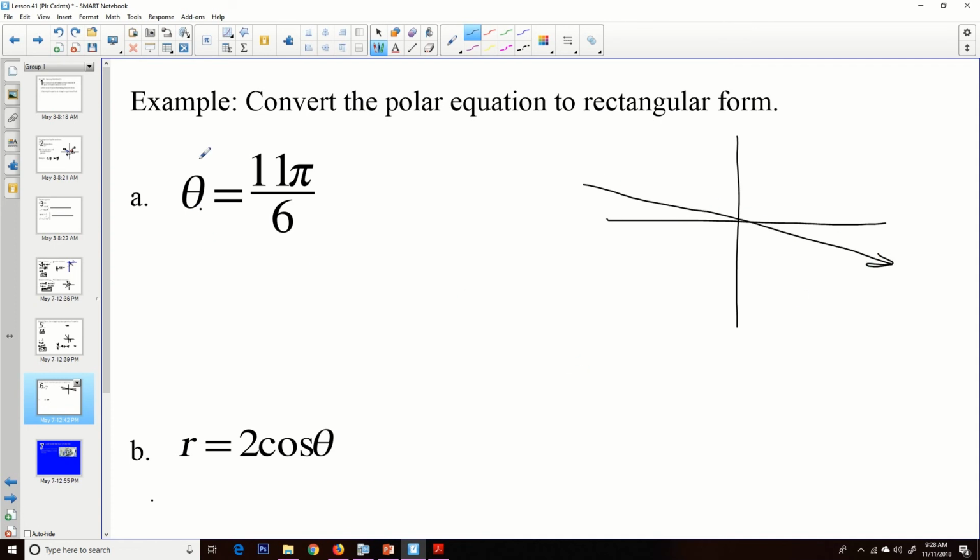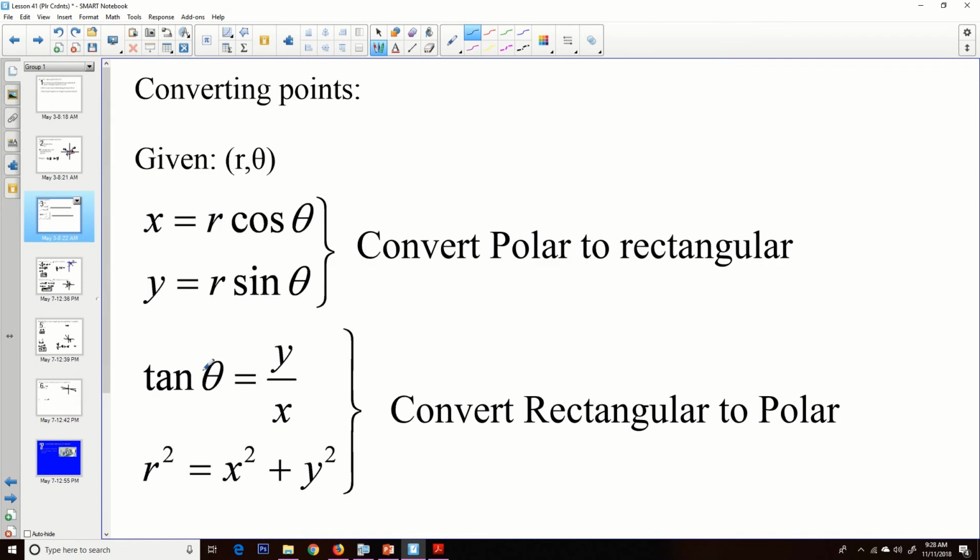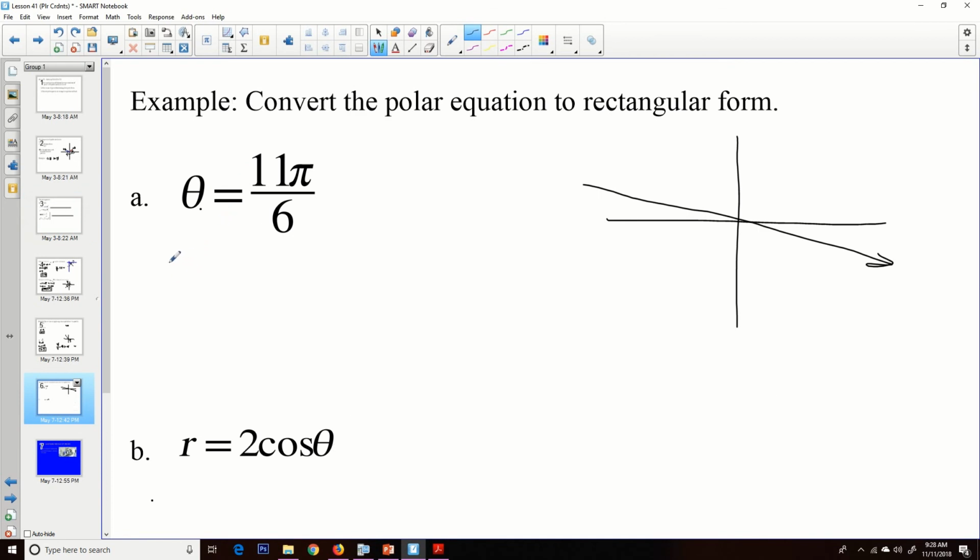And so if that's our theta, we can use that tangent function again, because if I'm given just theta, I can convert that into x and y. And so I'm going to say that the tangent of 11 pi over 6 is going to be equal to y over x.